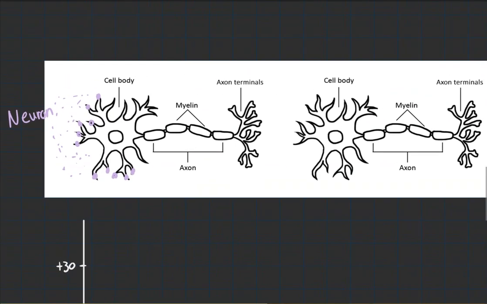So right here in the cell body and the dendrites, we have ligand-gated ion channels. And these can be really any kind of ion channels. Most often you'll hear us talk about ligand-gated sodium channels, but they can be ligand-gated potassium, chloride, or even calcium.